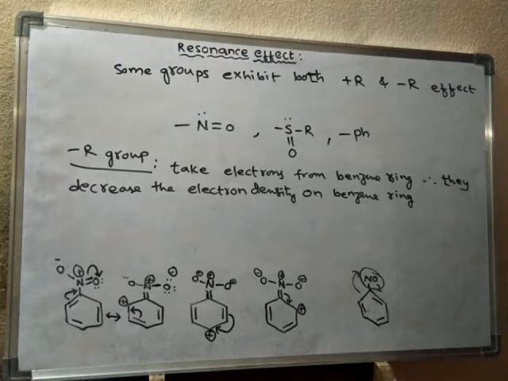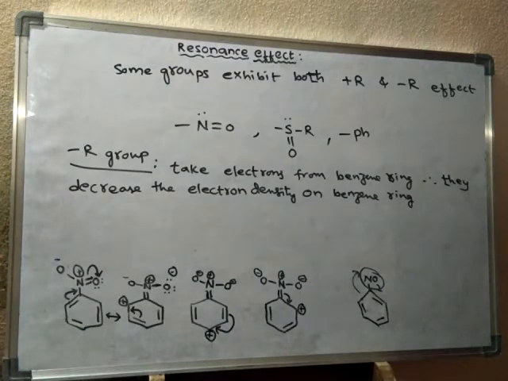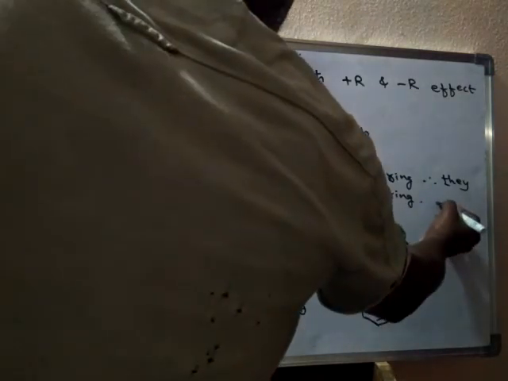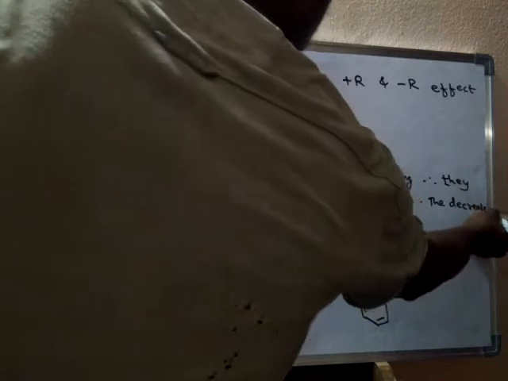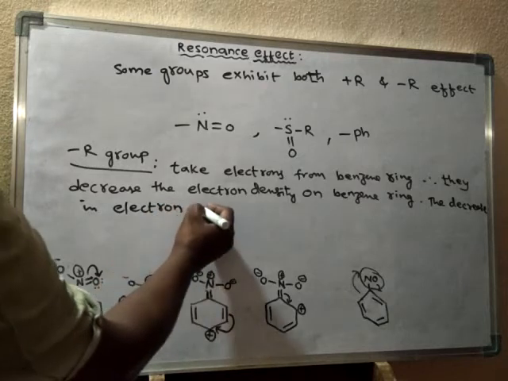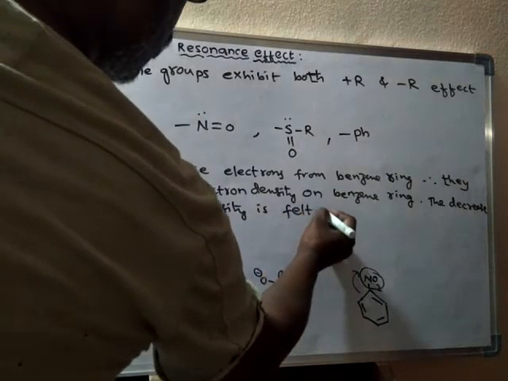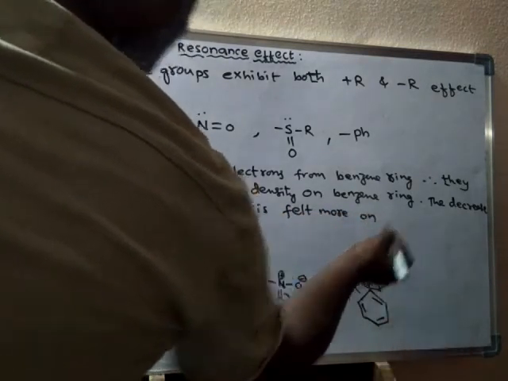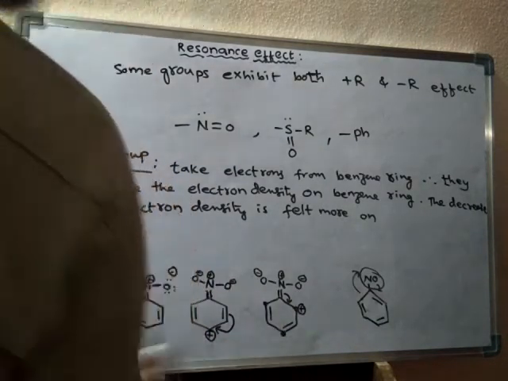Minus R groups always take electrons from the benzene ring if attached to it. Therefore, they decrease the electron density on the benzene ring, and the decrease is felt more on either the ortho position or the para position.